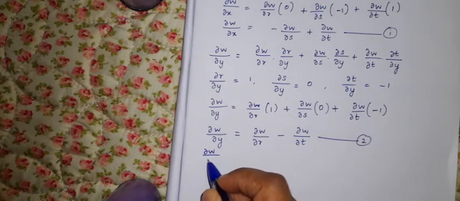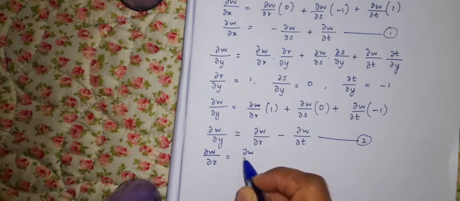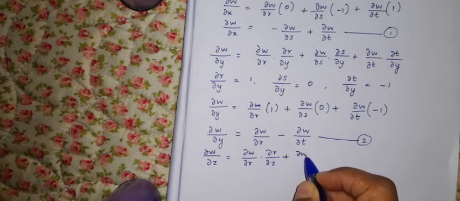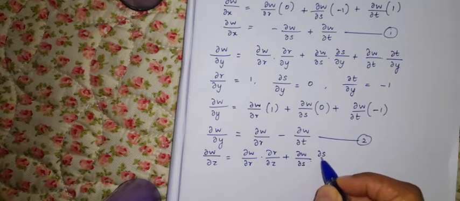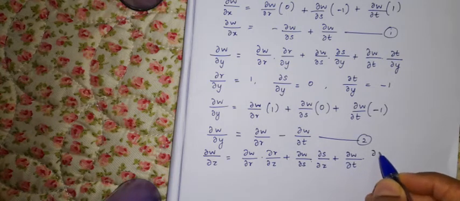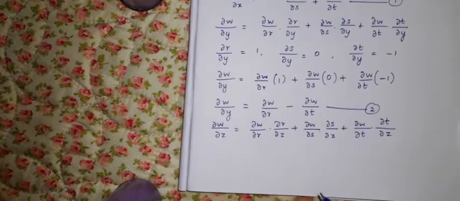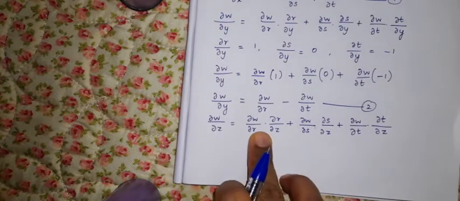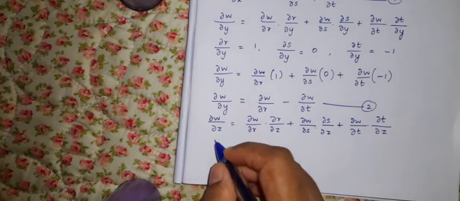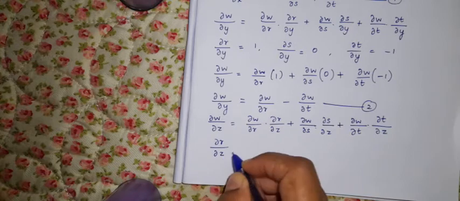For that, follow the same procedure. ∂w/∂z is equal to ∂w/∂r into ∂r/∂z plus ∂w/∂s into ∂s/∂z plus ∂w/∂t into ∂t/∂z. You have to keep this ∂w/∂r, ∂w/∂s and ∂w/∂t as such. We have to find ∂r/∂z.